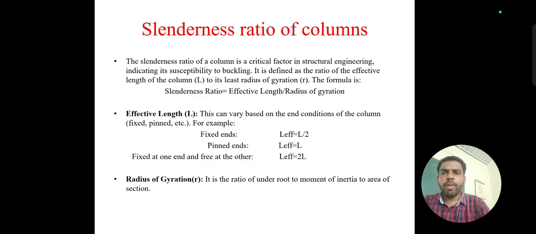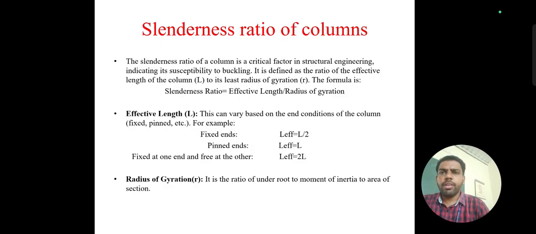When the column has fixed ends, effective length L effective equals half of the length, that is L by 2. For pinned or hinged ends, L effective equals L, the same length. And where one end is fixed and the other is free, the effective length equals twice the length.